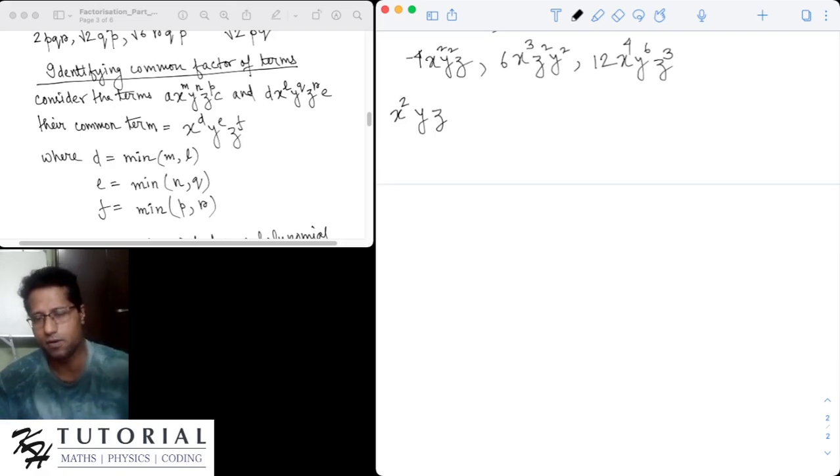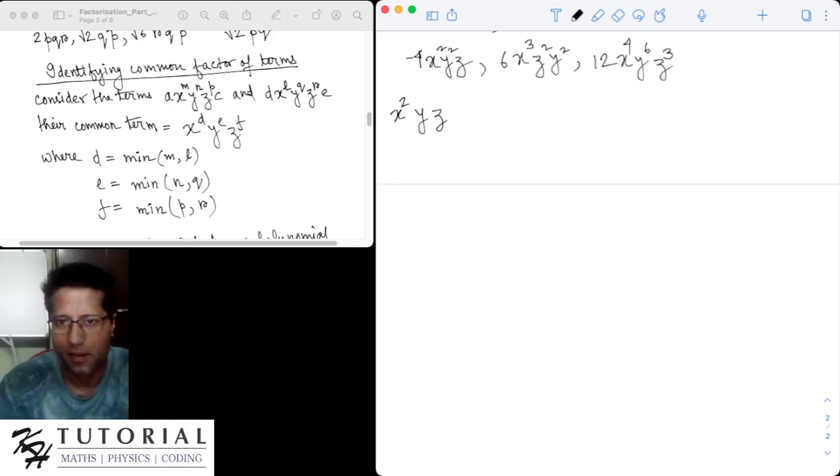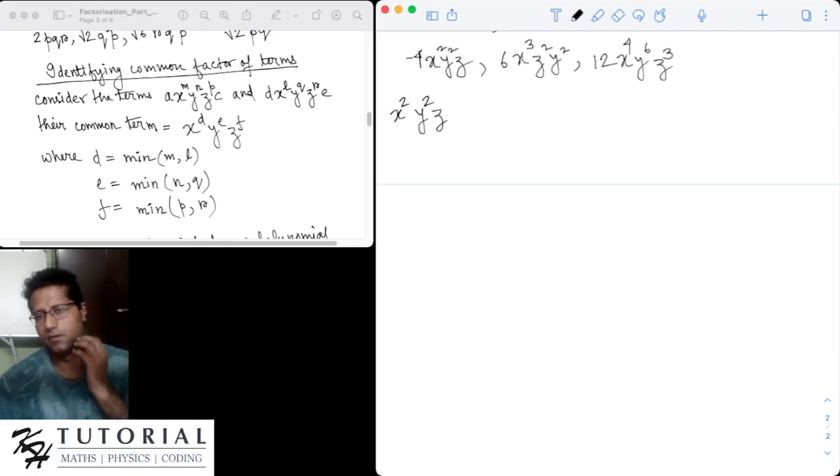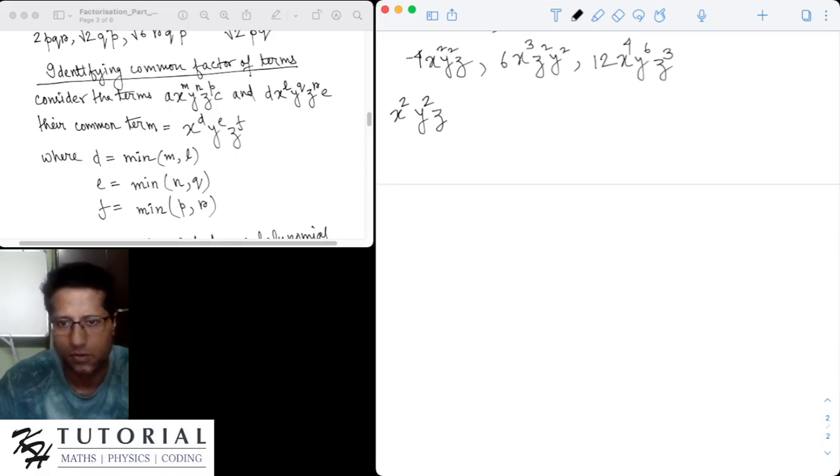Similarly, you will do for the variables y and z. The minimum power of y in these three terms is square, and the minimum power of the variable z is z, because the first term has the power of z as 1. So x square y square z becomes the common factor of these three terms.